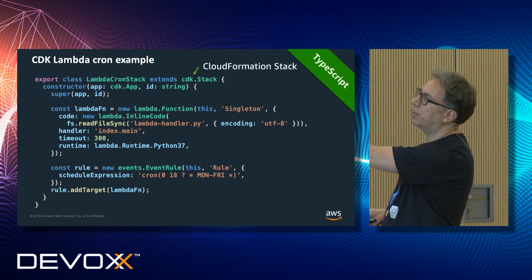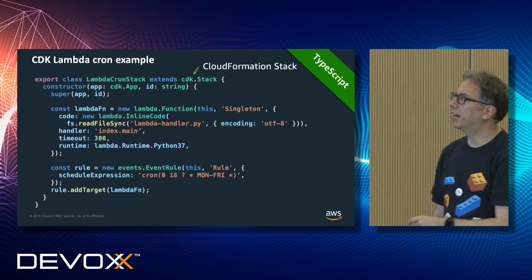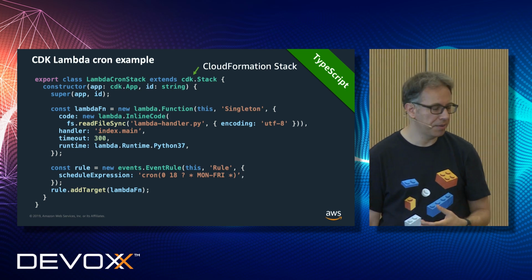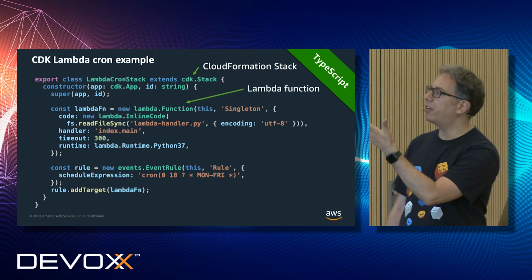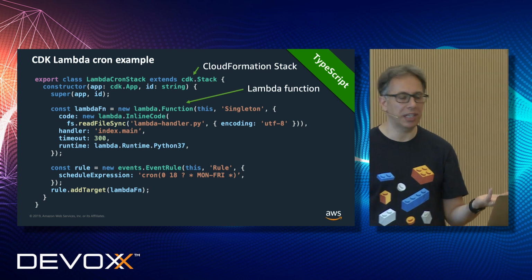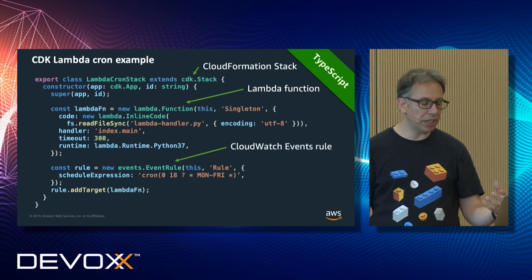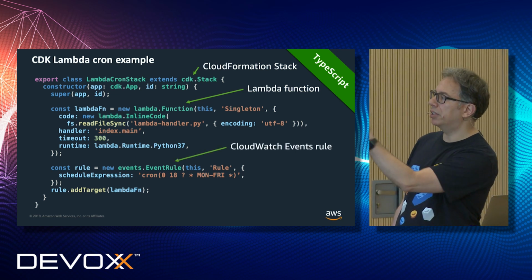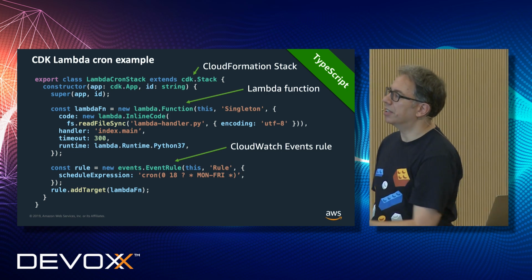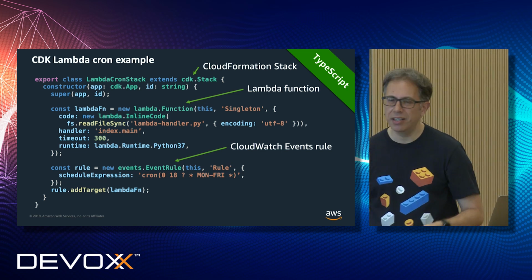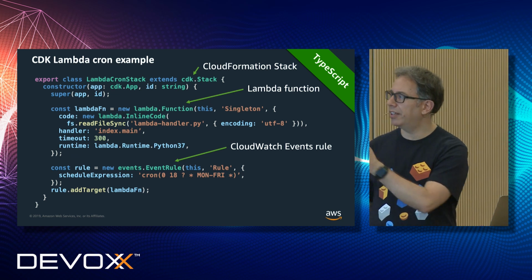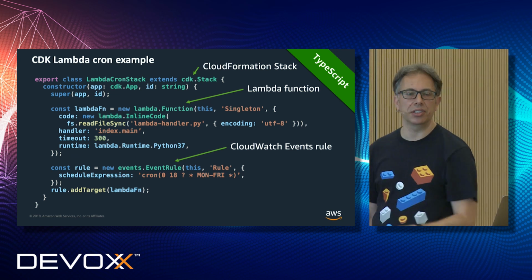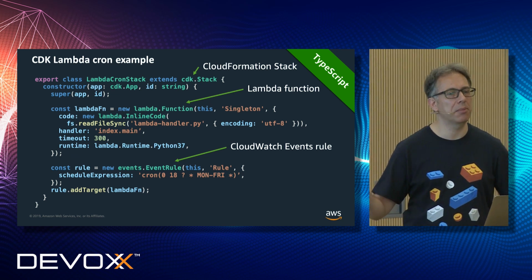So here, for example, I say, OK, I want to create a stack, so I extend a stack. I want to create a Lambda function with all the parameters of the Lambda function. Then I want to create a CloudWatch event rule that is fired with this cron syntax that I think means Monday to Friday at 6 p.m. this function is triggered. So it's like a very traditional batch job.